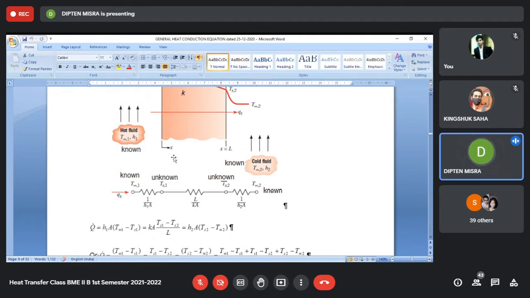Now, if the heat is flowing only along one direction, then whatever heat comes in has to come out through this path only, because there is no other way for the heat to leave.